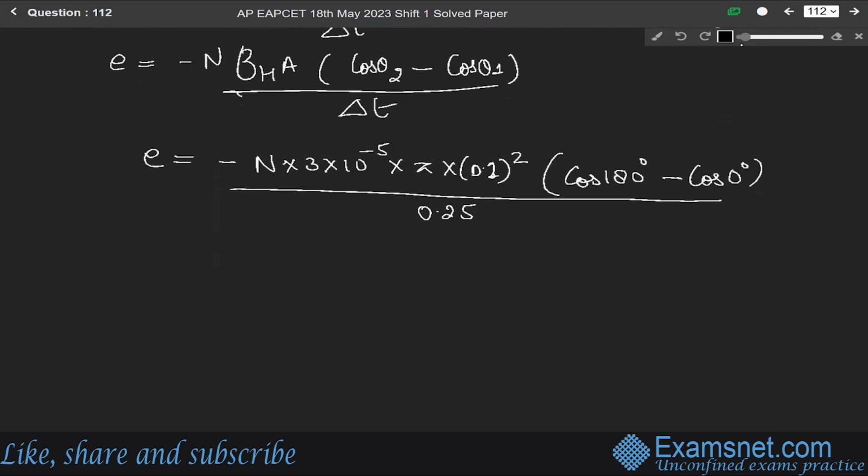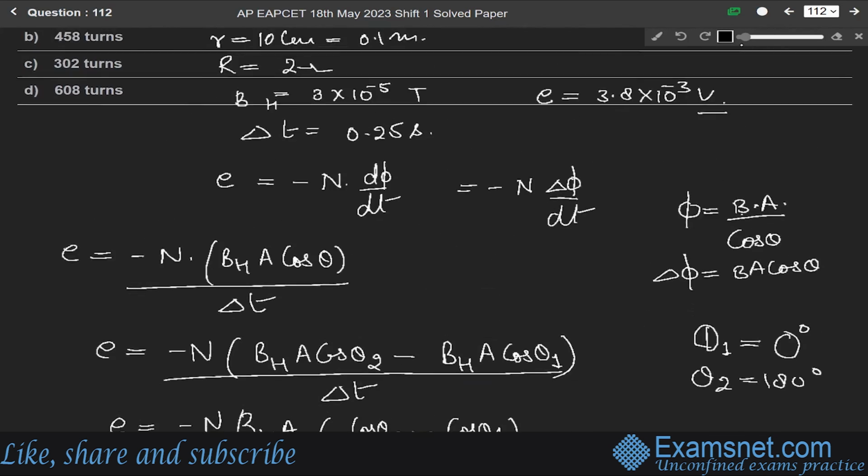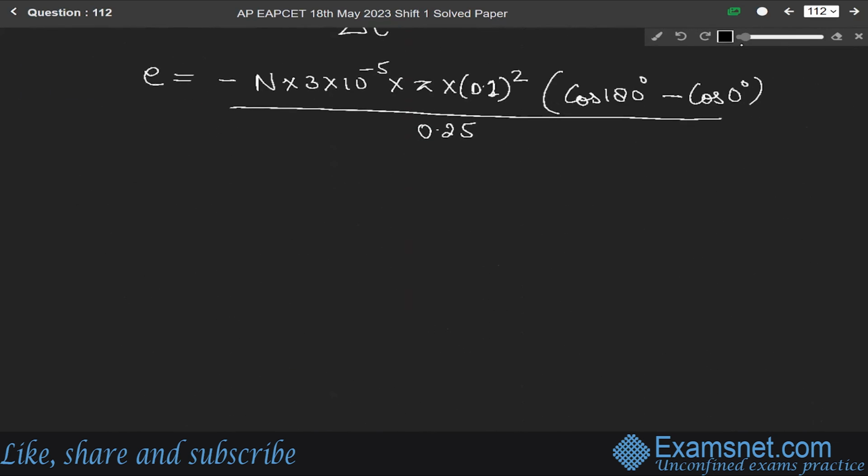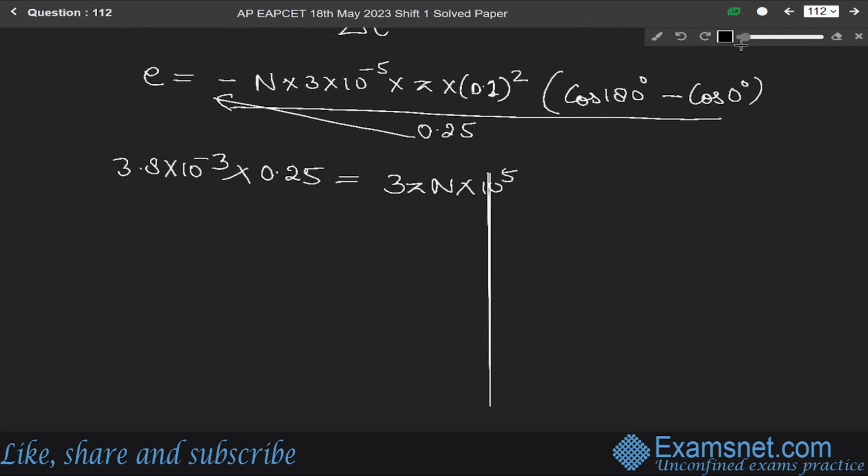So solve it, and EMF is given as 3.8 into 10 to the power minus 3. So just write here 3.8 into 10 to the power minus 3 into 0.25. It will be equal to 3 pi N into 10 to the power minus 5 then into 0.1 square, cos 180 means minus 1, minus cos 0 means 1.